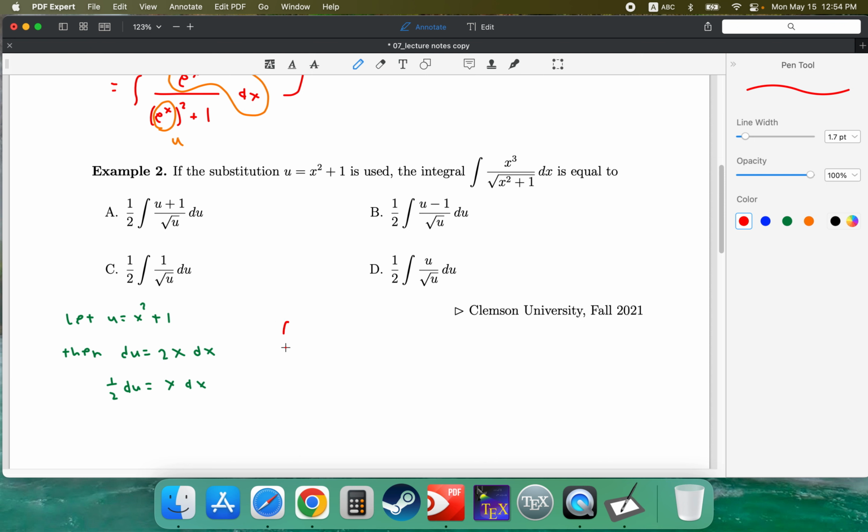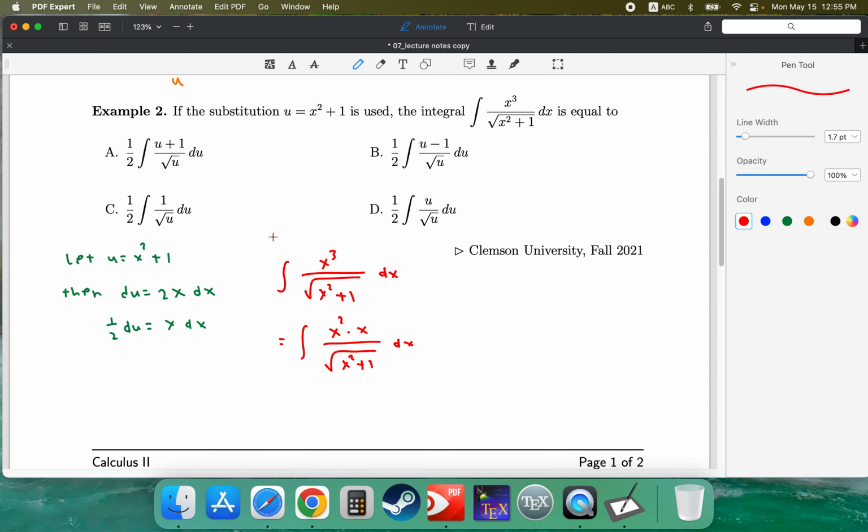So let's write down here: we have x cubed over the square root of x squared plus 1 dx. Previously we said that if the numerator is x, then we will be able to use u sub. So let's just factor out x, because we need an x dx in order to create a du.